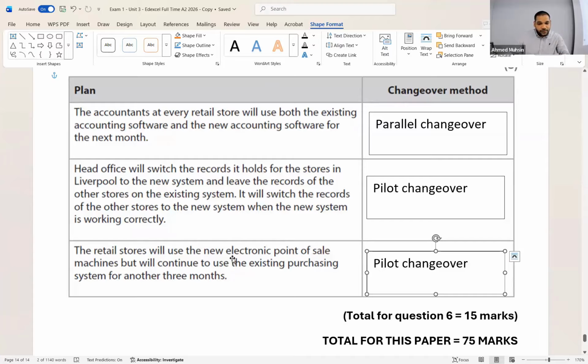So for sales, they are using a new system. For purchasing, they are using the old system. So what do we call this? This is phased changeover, where one department uses the new system, and then slowly, the other departments will also start using the new system.